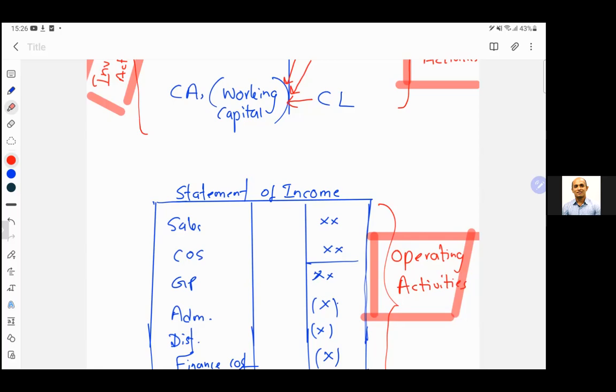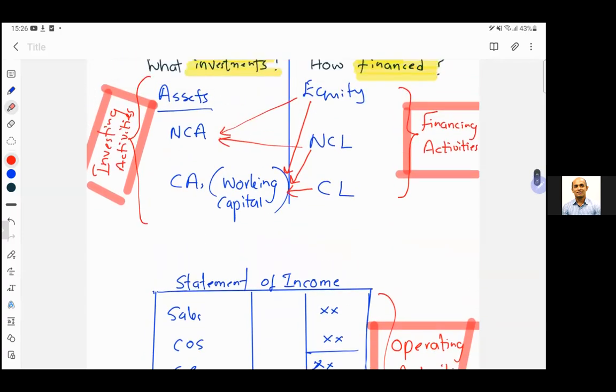Now you see in the accounting analysis, we are going to analyze these three types of activities that reflect from the financial statements.